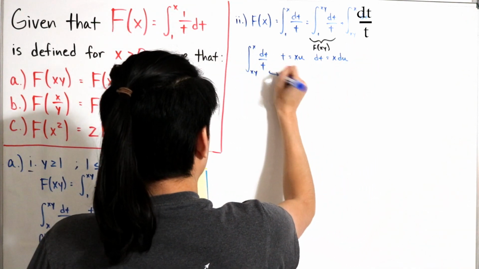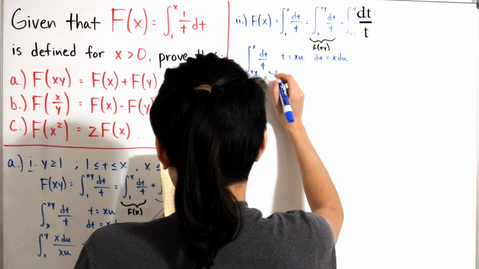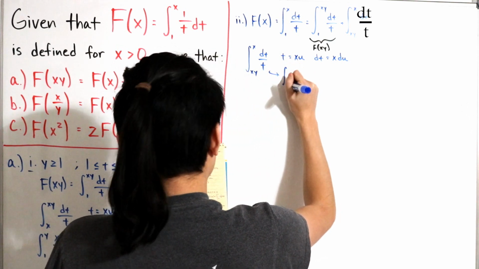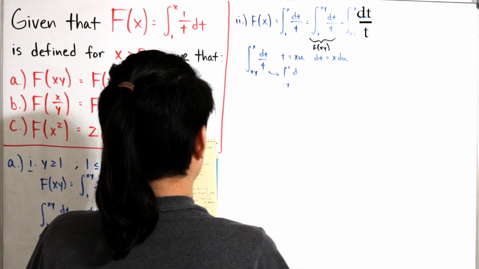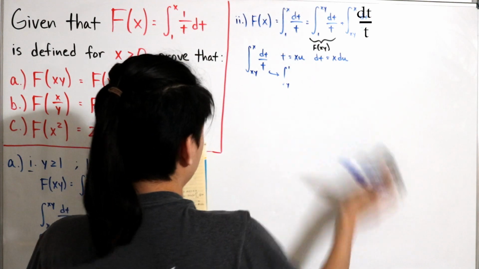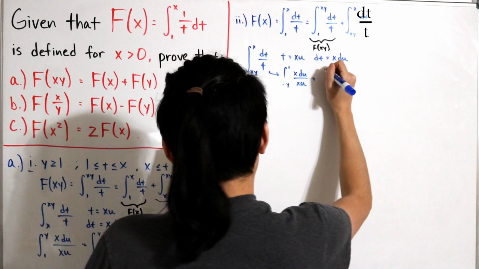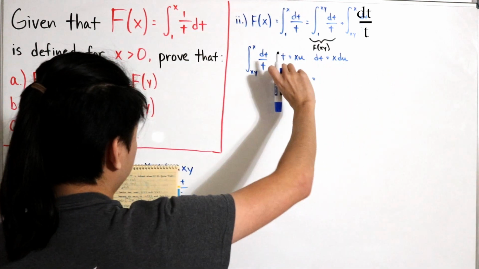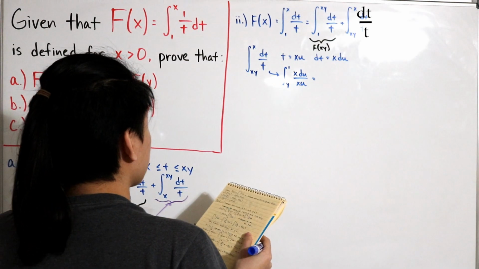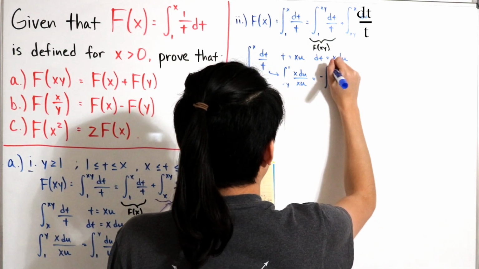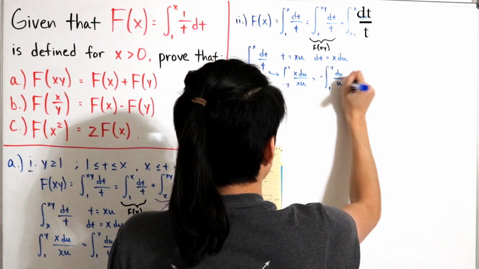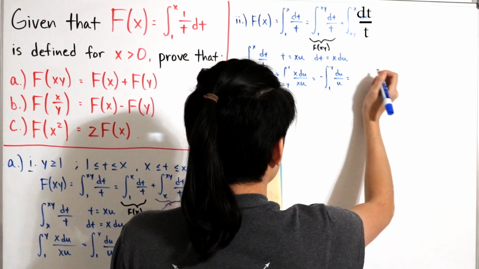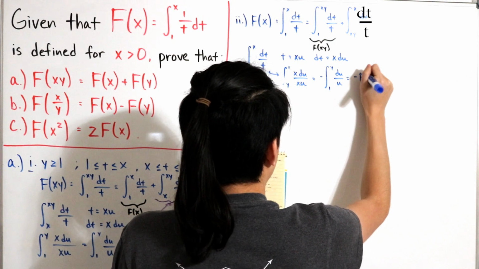Now we put back the substitution, so this is from y to 1 of x du divided by x times u. Don't forget that we have to flip the bounds, so I put a negative and then y to 1, so we have du over u, which is just equal to negative f of y.